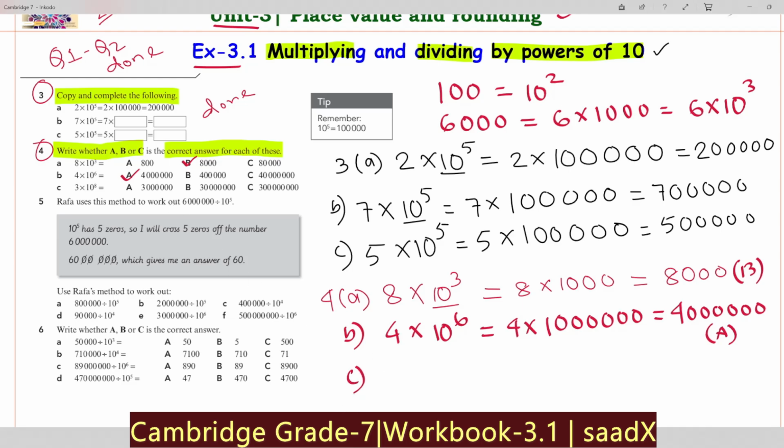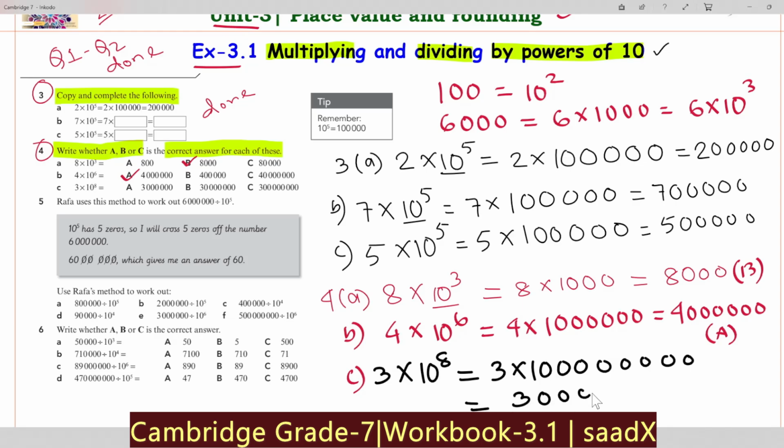Number c. Here is 3 times 10 to the power 8. Huge number. So 3 times 10 to the power 8 we can write as 3 and then 8 zeros: 1, 2, 3, 4, 5, 6, 7, 8.